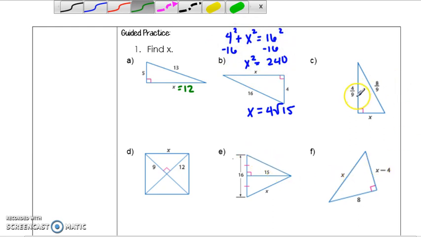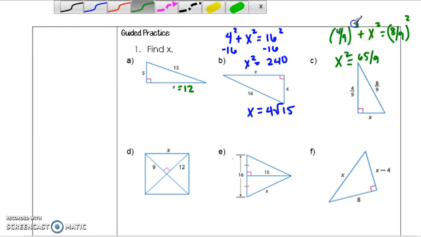Now this one, dealing with some fractions, so 4/9 squared plus x squared is equal to 8/9 squared. So we can go ahead and solve, and you can use your calculator if you need to. So x squared is equal to 65/9.